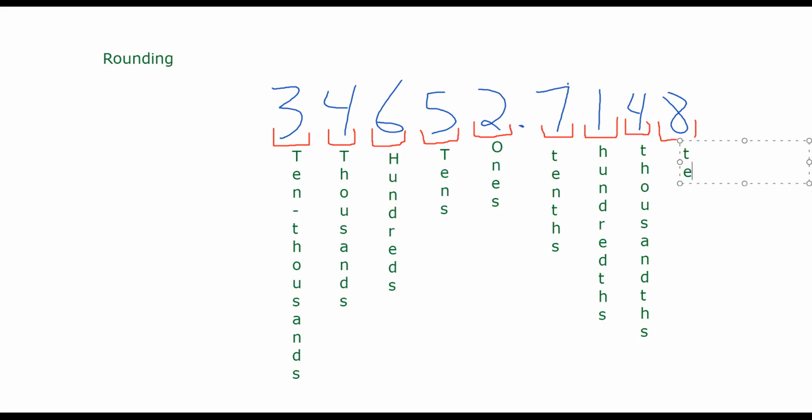This is the 10,000ths place. And then it keeps going after that. 100,000ths, then millionths, 10 millionths, 100 millionths, and so on. So remember well how these places work, because we're about to appeal to that with rounding.